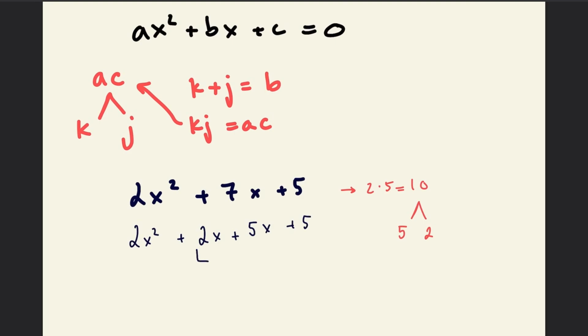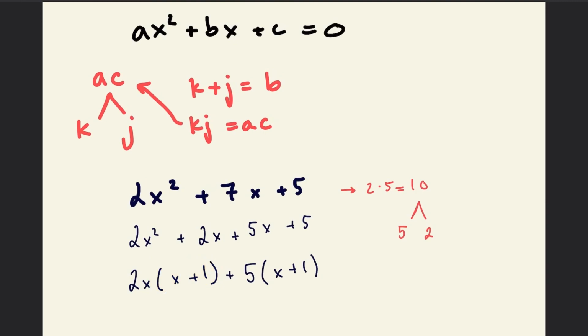And here we're just breaking this b into more parts so that it's easier for us to then factorize it. So here, let's take the 2x out. So we're going to have 2x times x plus 1, plus 5 times x plus 1. And it's very important that you have these brackets that are the same, because what does this remind you of?